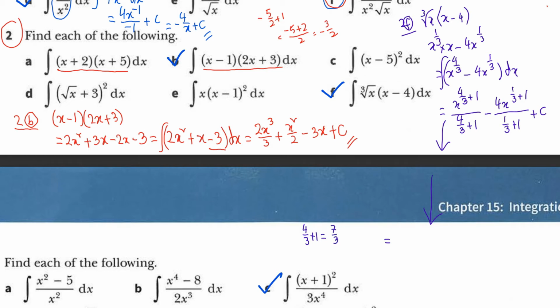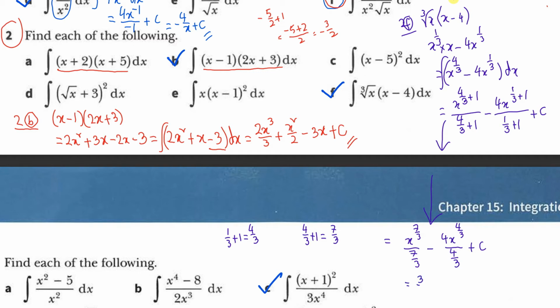And another part, if we add 1 by 3 plus 1 from the second part, it gives us 1 plus 3, which is 4 by 3. So let me apply this here. We can write x to the power 7 by 3 divided by 7 by 3 as well. Then minus 4x to the power 4 by 3, and below we need to write 4 by 3 as well, plus c. We can simplify more.